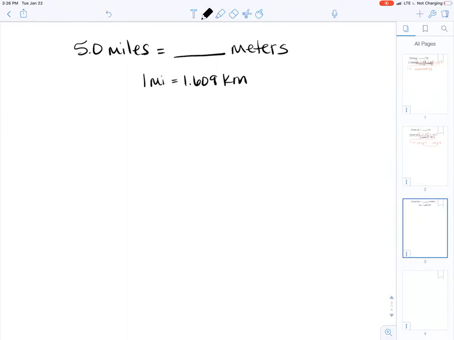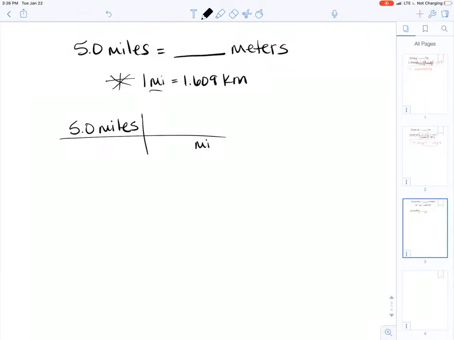All right, so if we have 5 miles to start out with, we're going to draw our tracks. If miles is on the top left, miles goes in the bottom right. And this is where you're going to look here at your conversion factor, and you're going to see that you have miles.